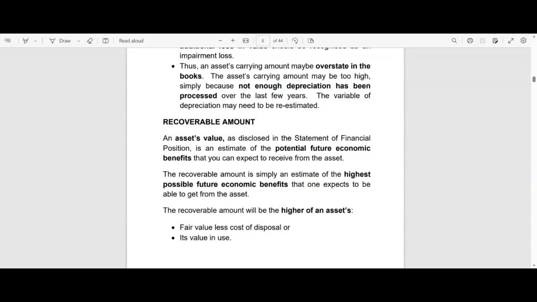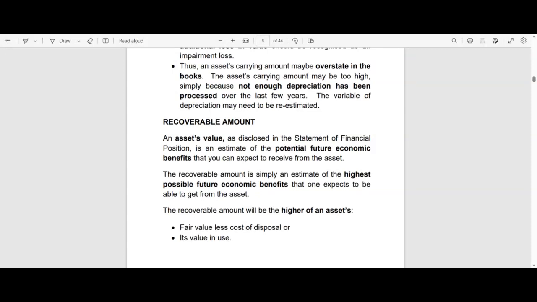So, ladies and gentlemen, IAS 16 gives us the benefit here that we can use the higher of those two as our recoverable amount. So, what is the recoverable amount? And this is very important for us to know, because in some of the tests and some of the exercises that we are going to be doing, this is going to be expected of you to know.